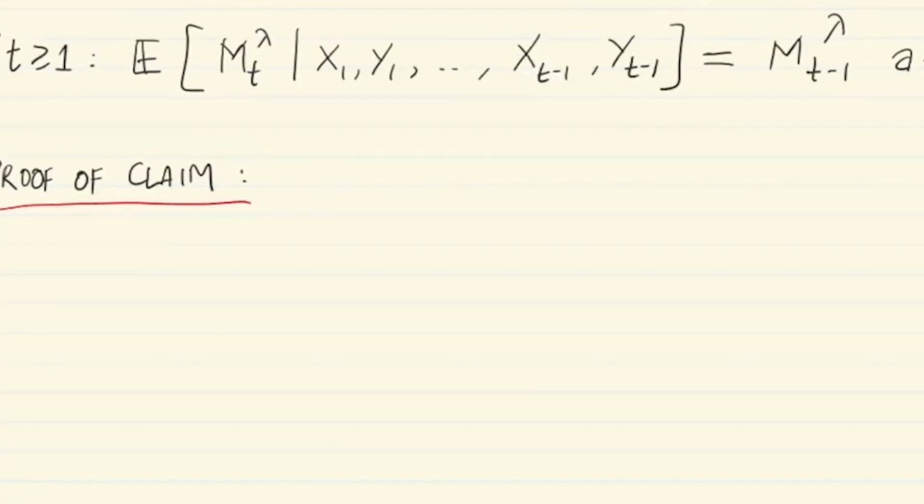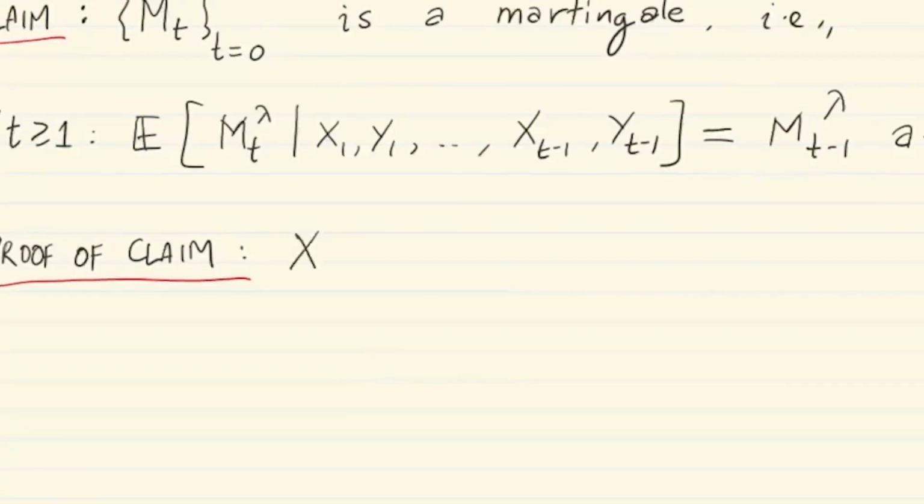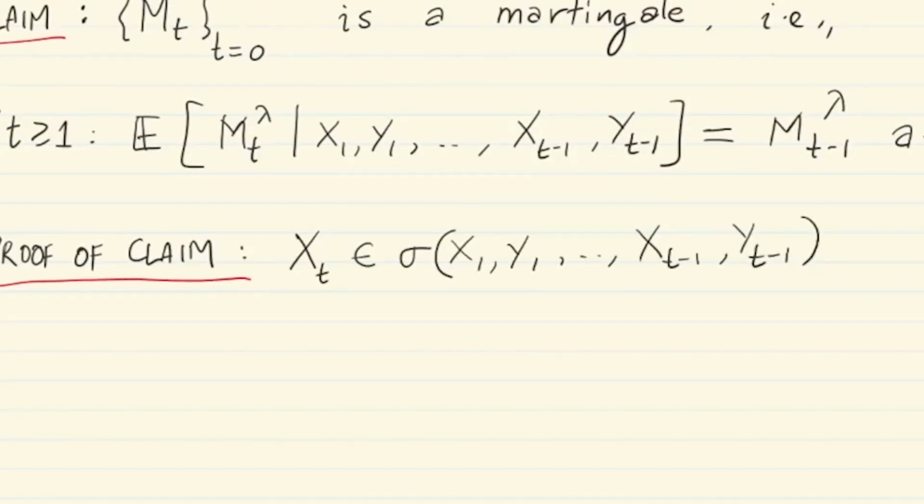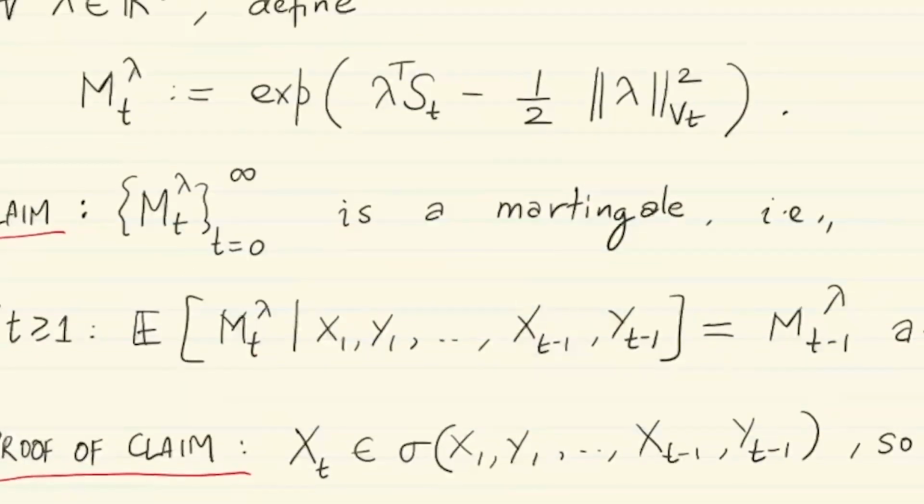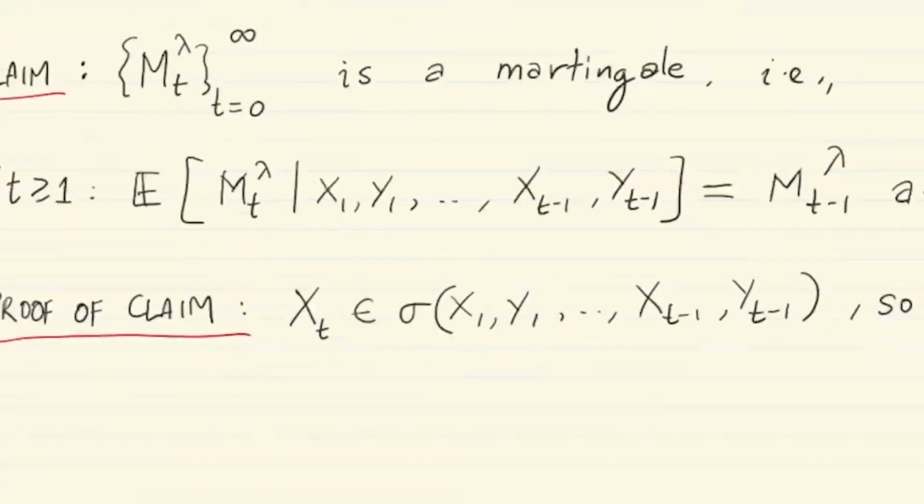Well, we note that because of the adaptive sensing, x_t is already determined once x_1, y_1 and all the way up to x_{t-1}, y_{t-1} are given. M_t(lambda) is e raised to lambda transpose a sum minus another sum.